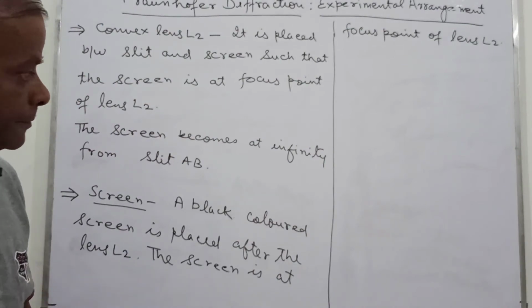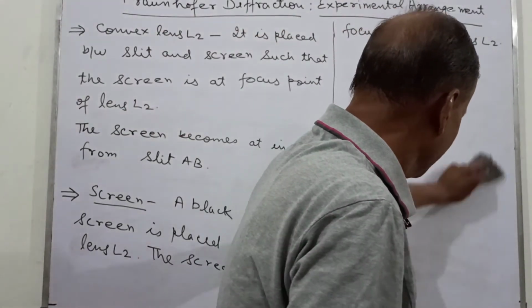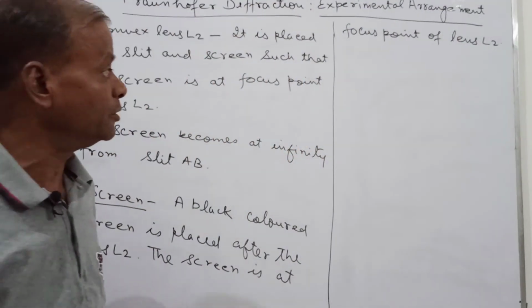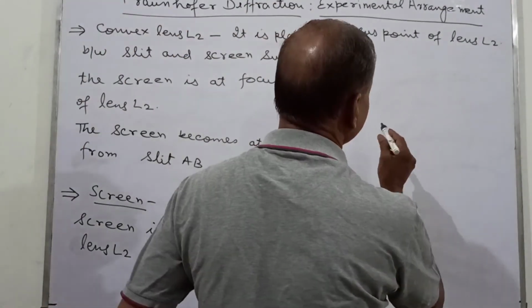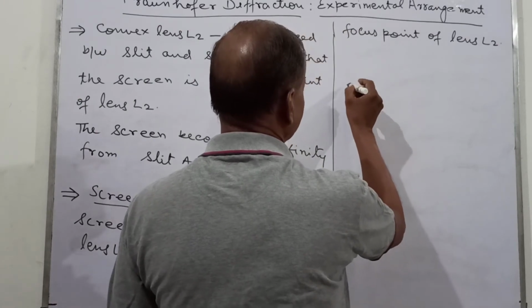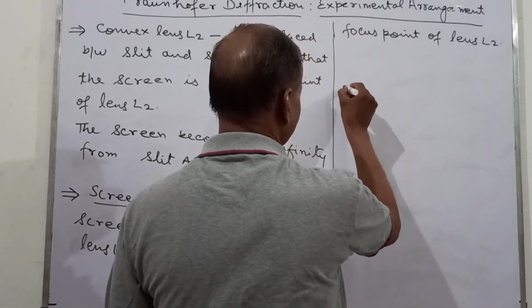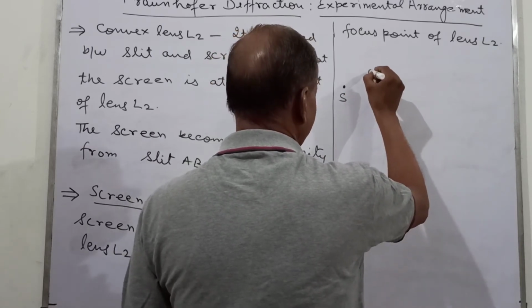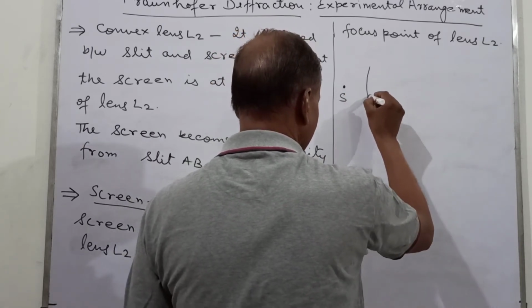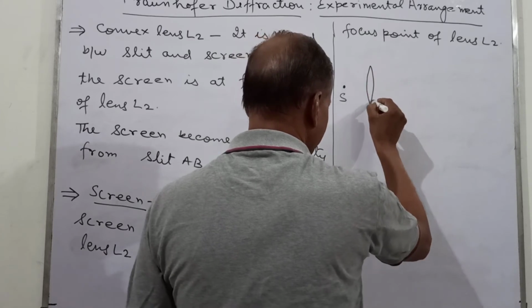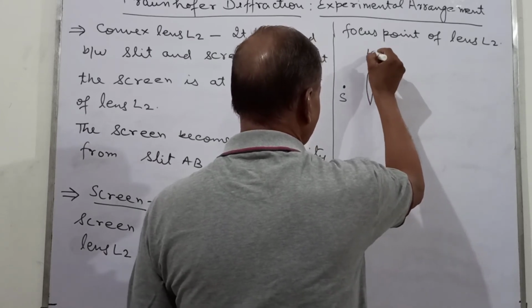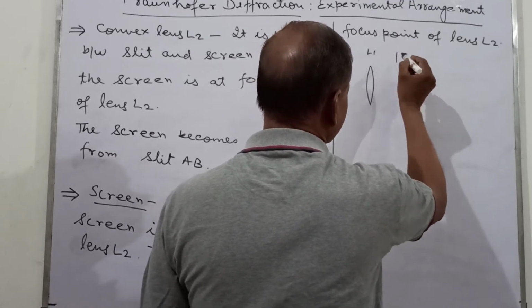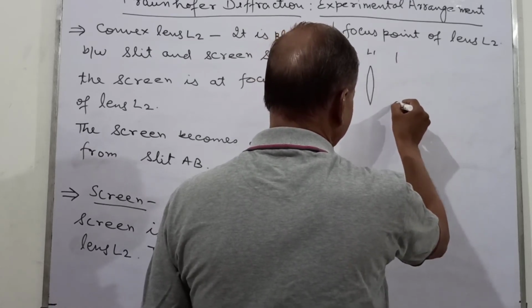So now I make the experimental arrangement, the ray diagram of this one. Let this be the light source S. Here is a lens L1. This is a slit AB.